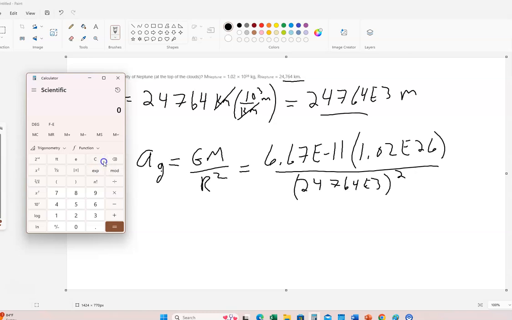All right, so here, let's clear that. It's going to be 6.67 times 10 to the minus 11th, and then times 1.02 times 10 to the 26th kilograms, and then we divide it by 24764 times 10 to the third, and we have to square that.